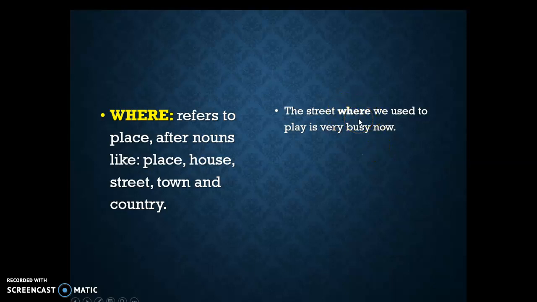Where is joining the main clause and the object clause. Also, we can say, I stopped in Dallas, where my sister lives. I am joining the main clause with the object clause using where to refer to places.